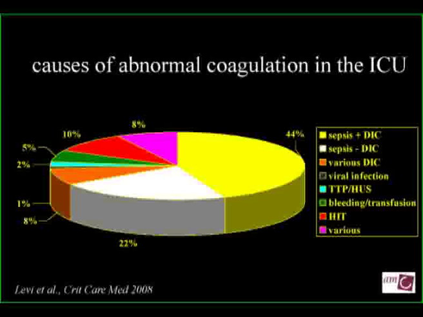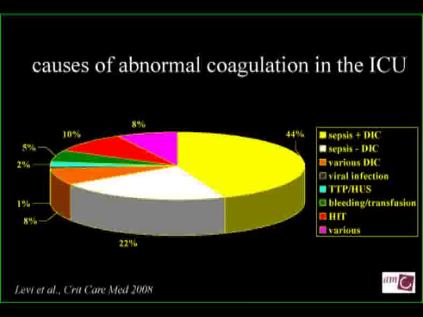If one looks systematically, and we did this in a consecutive very large number of patients with abnormal coagulation in the ICU, and again, abnormal coagulation was defined as a platelet count of less than 100,000 and a prothrombin time that was only slightly prolonged, there is actually a myriad of diagnoses that one could make.